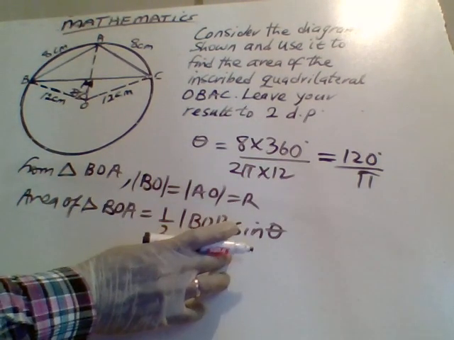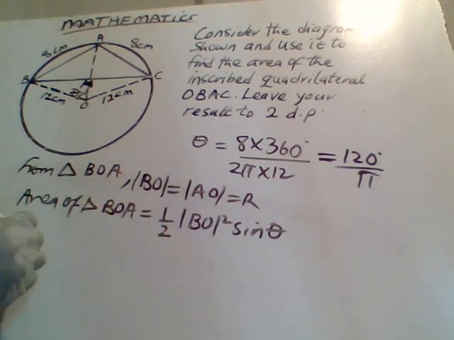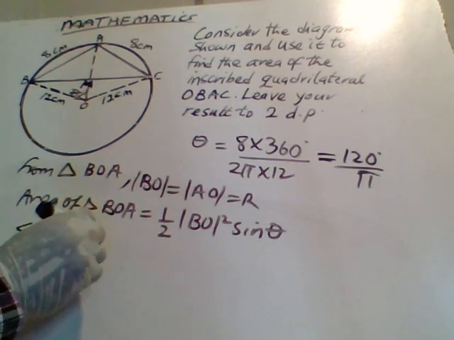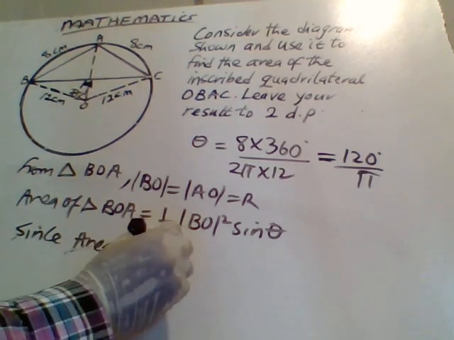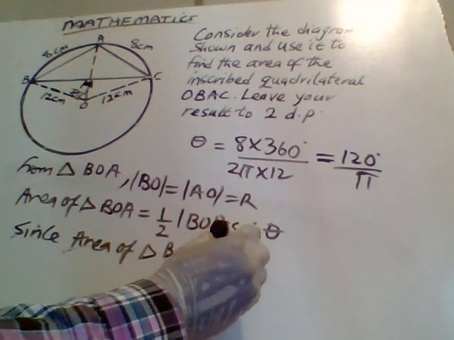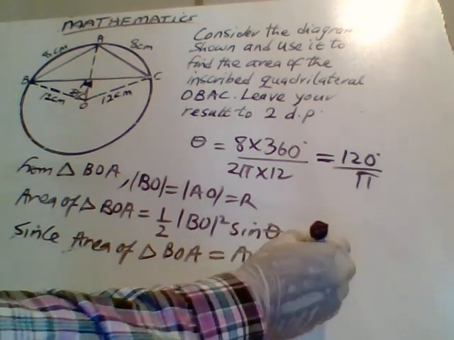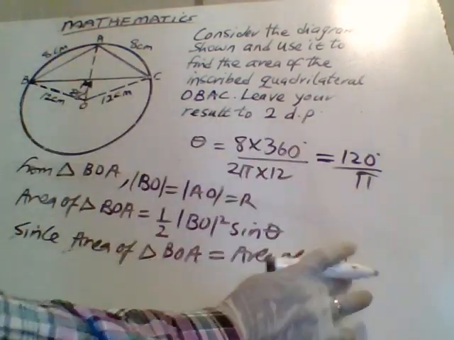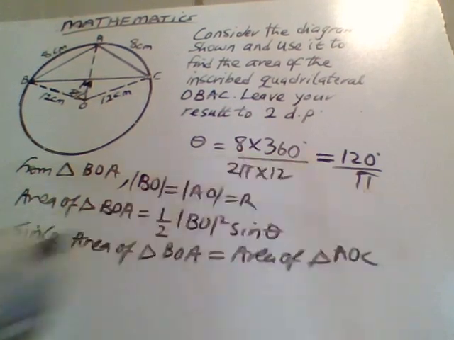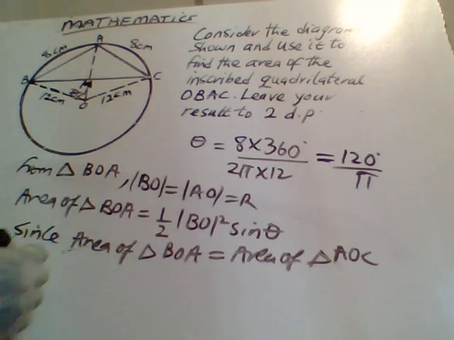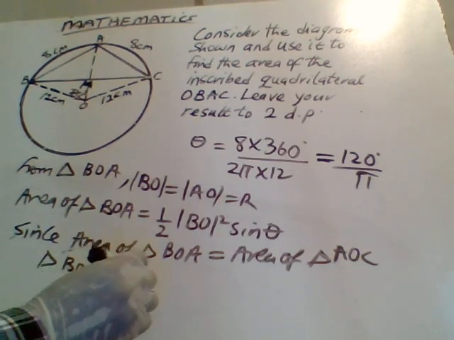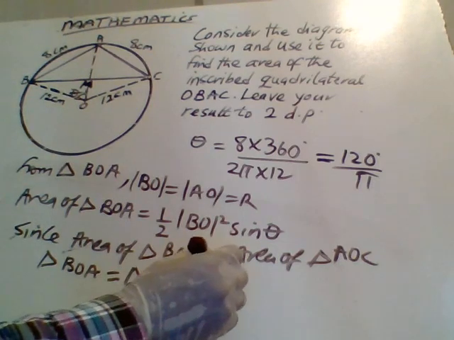Since the area of triangle BOA is equal to the area of triangle AOC, these are congruent triangles, because triangle BOA is equal to triangle AOC.